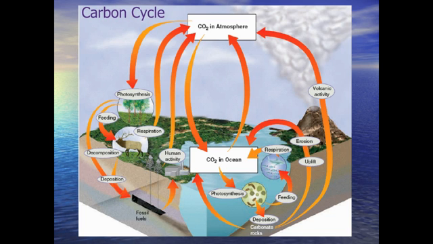Okay. So I have CO2 coming out of the atmosphere, CO2 going into the atmosphere. That's the best way to break down the carbon cycle. What takes carbon dioxide out of the atmosphere? What processes on the board here take carbon dioxide out of the atmosphere?